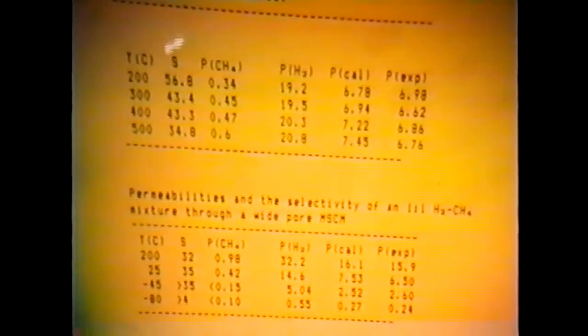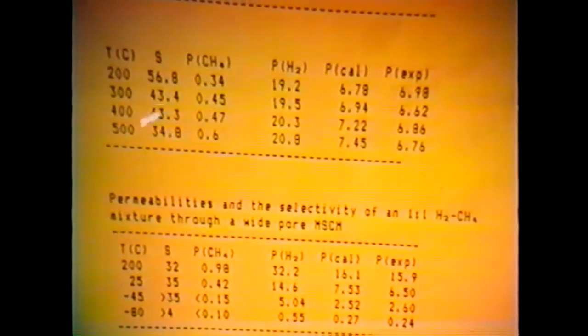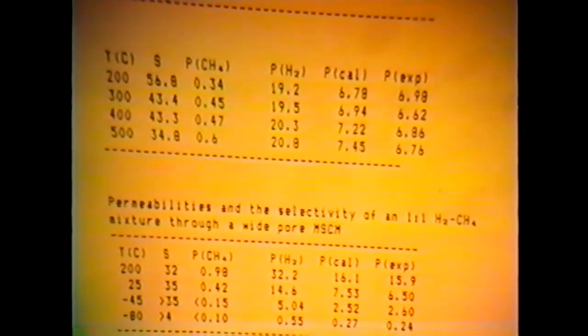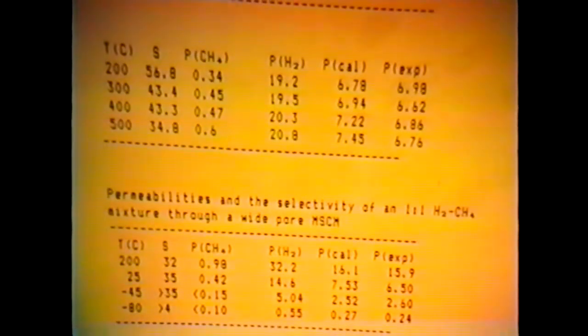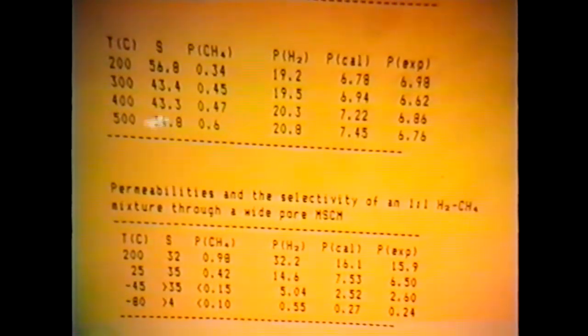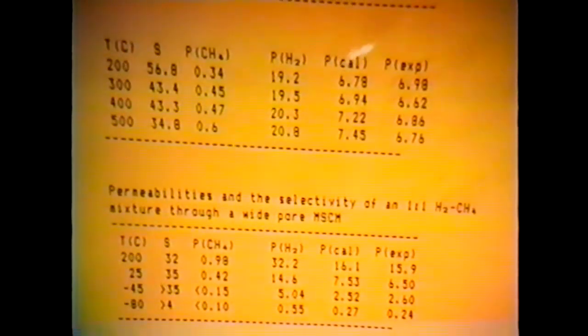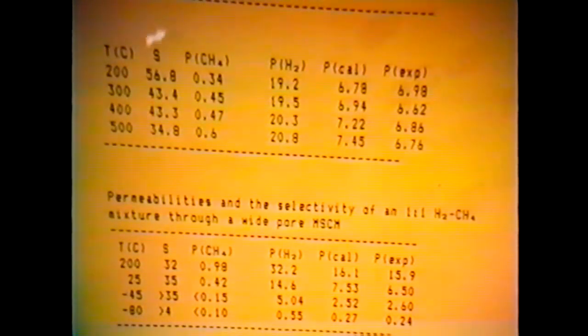I purposely picked a membrane that doesn't give high selectivity, so methane would permeate a little bit. Otherwise, one would think that methane is completely excluded, so it doesn't interfere. So I took an open membrane that methane does permeate, and there is no influence on the permeation of the hydrogen.